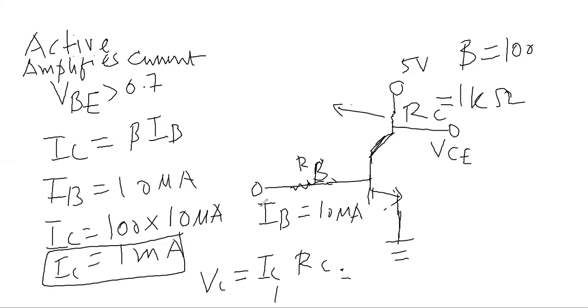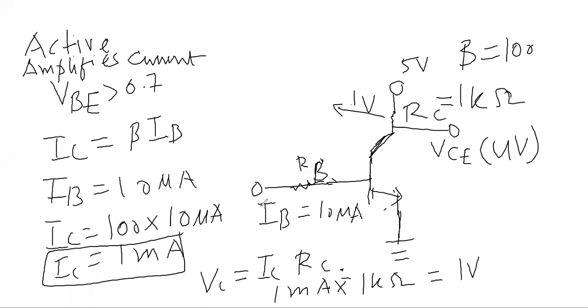IC is 1 milliampere and RC is 1 kilo ohm, so that will be 1 volt. 1 volt is dissipated at this location, so 4 volt is remaining. So VC will be equal to 4 volt. That is our output voltage.